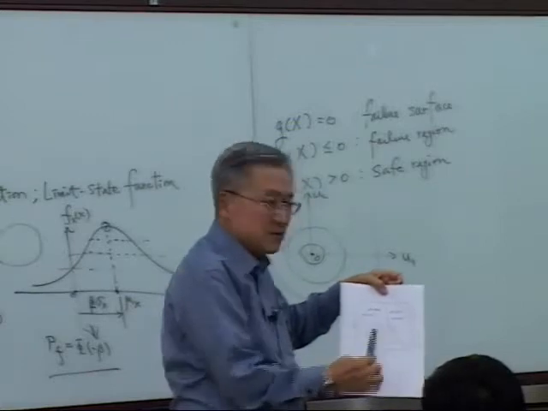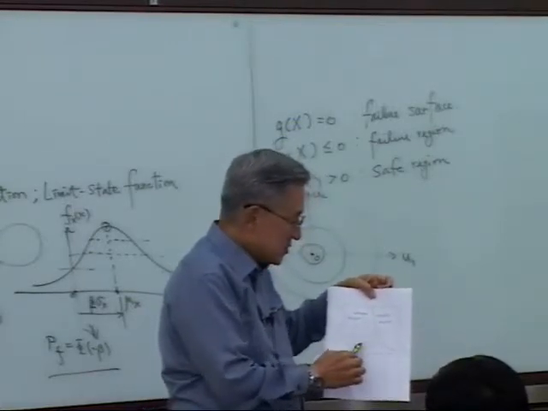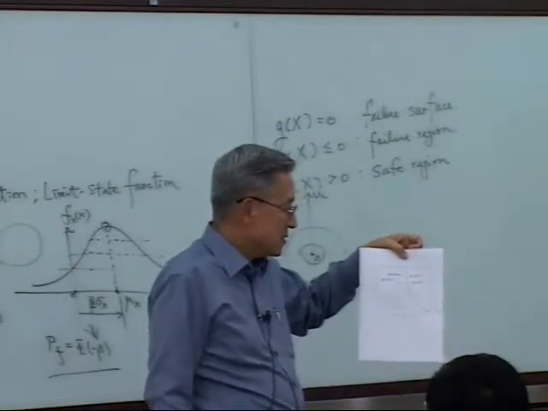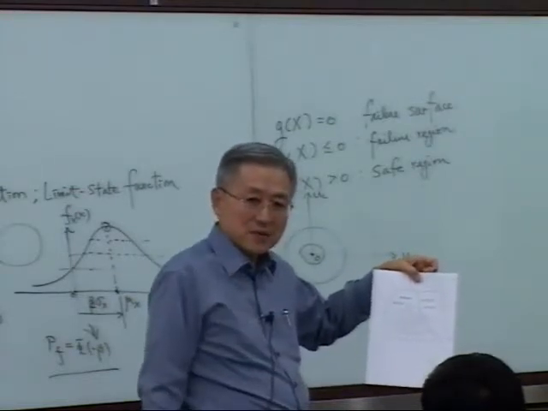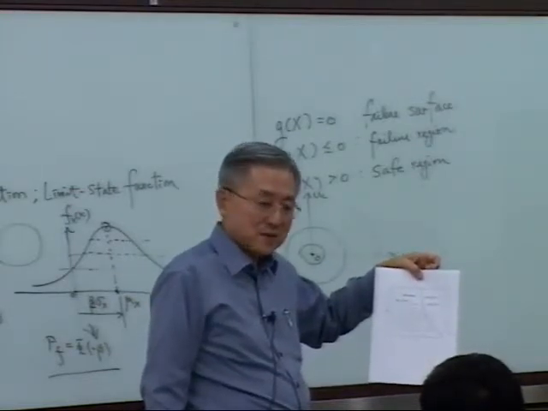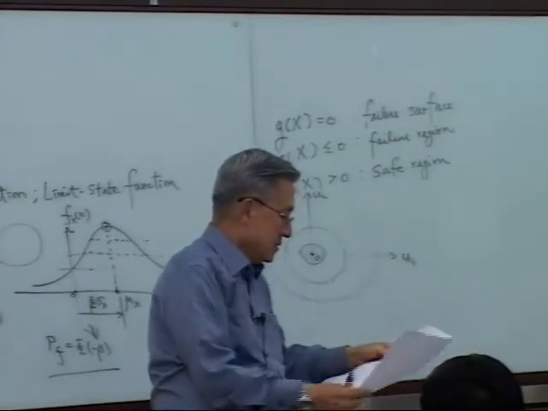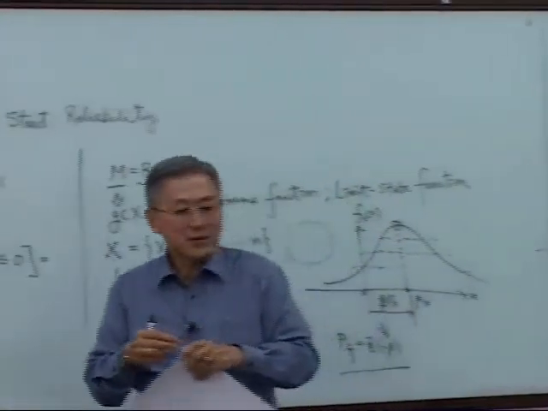In this region it is greater than 0. All these different colors, the lines are contours of the probability density function. I hope it explains well.